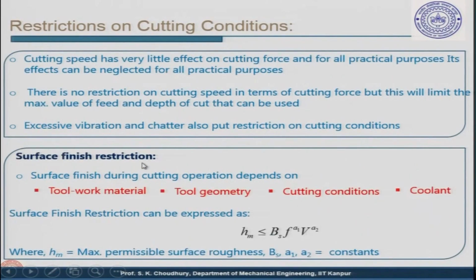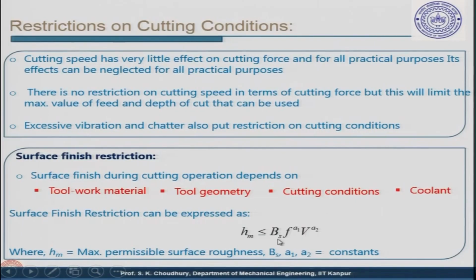Now, the surface finish restriction. Surface finish during the cutting operation depends on the tool work material, tool geometry, cutting condition and the coolant. These are the 4 factors basically which will affect the surface finish. Now, the surface finish restriction can be expressed as this, that it has more effect from the feed and the velocity.